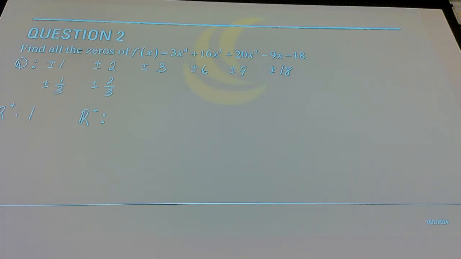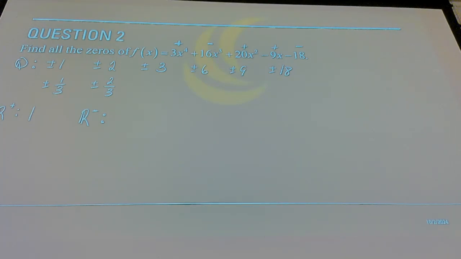What about negative reals? And so remember, even powers keep the sign. Odd powers are going to change the sign. How many sign changes do you see? 3.